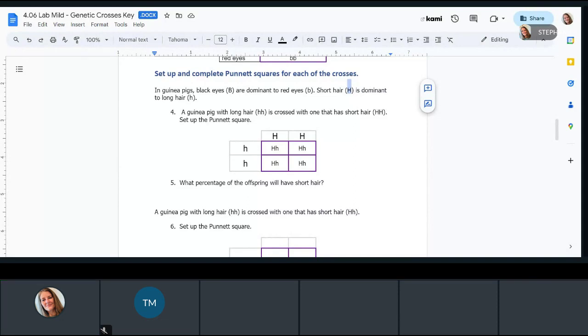So big H trumps the little h, remember? Exactly. They're never going to have any long-haired children. Never, ever. So the percentage that the offspring will have short hair is 100%, because every box has a big H, little h.